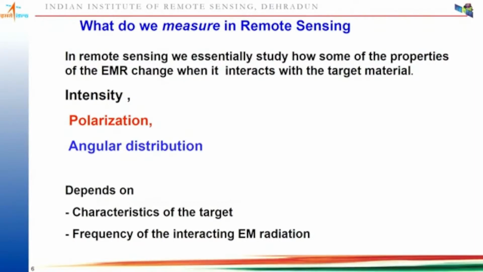Once electromagnetic radiation interacts with the body, the intensity, polarization, or angular distribution changes, which we sense at the sensor level, whether it is a satellite, and then we try to indirectly infer the properties of it. When it passes through the atmosphere, obviously there is scattering or absorption from the atmosphere, and from these three parameters we measure, we try to infer the properties, the concentration, and the important aspects of the atmospheric particles.